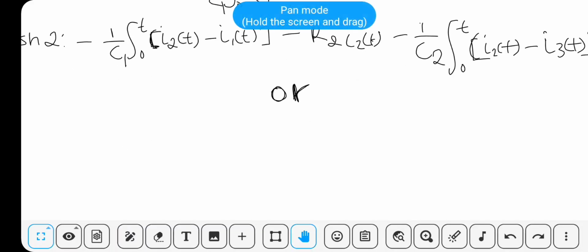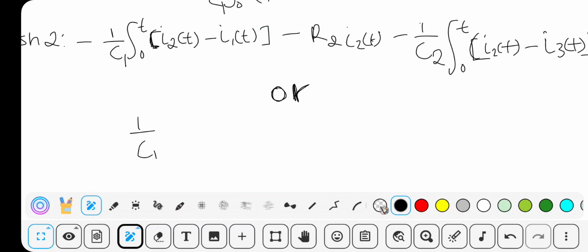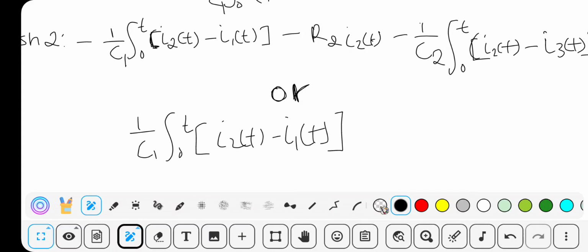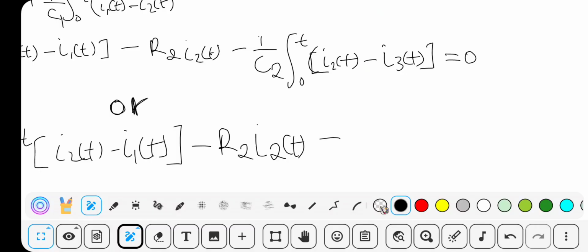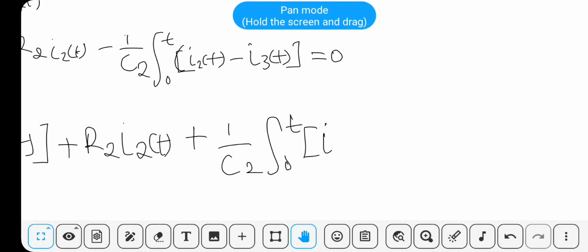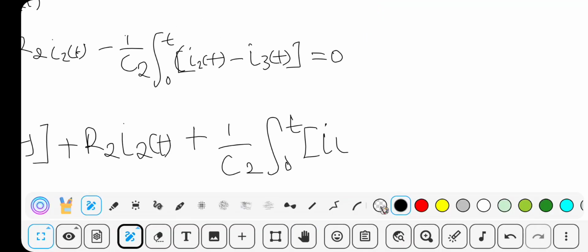If you do that, I2 of t minus I1 of t, minus R2 I2 of t, minus 1 over C2, integral from 0 to t, positive, positive, I2 of t, I3 of t, which is equal to 0.